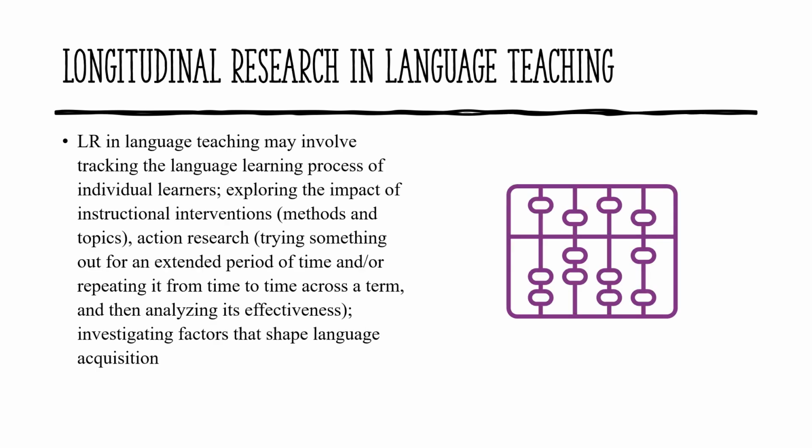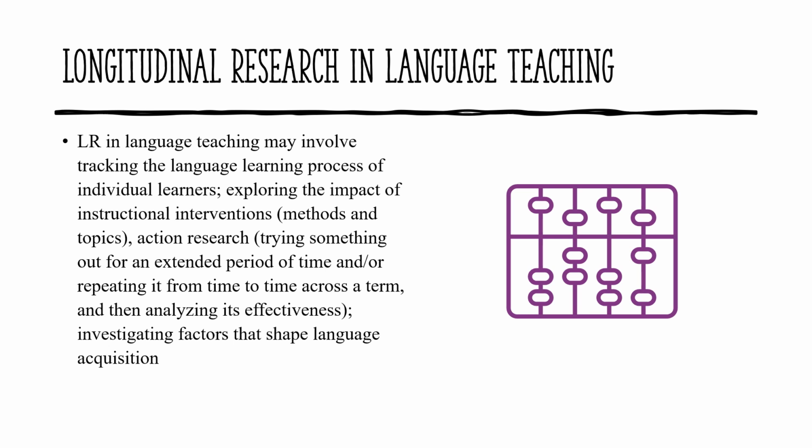Longitudinal research in language teaching may involve tracking the language learning processes of individual learners, exploring the impact of instructional interventions, so different methods and topics, action research. This is something that you have already done. You're familiar with action research.